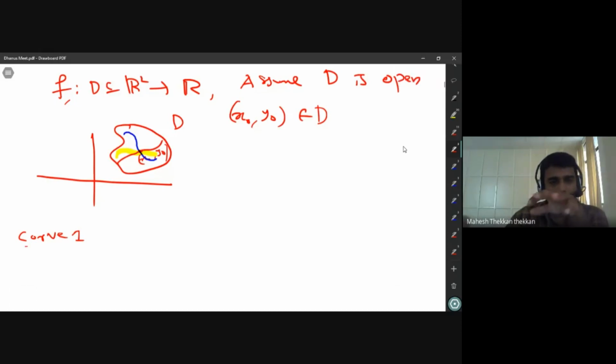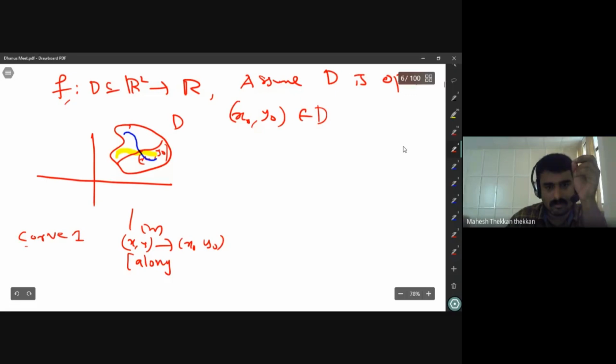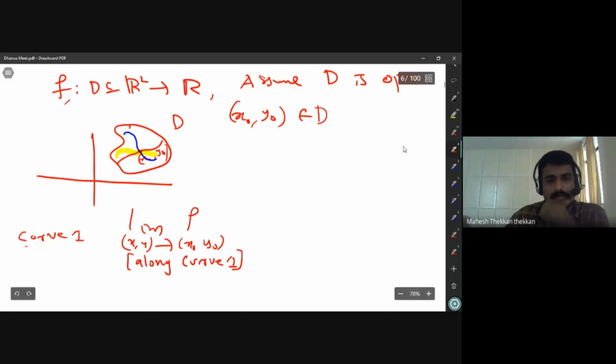Now I will look at this value, the limit as (x, y) tends to (x naught, y naught) along curve 1 of f of (x, y). This curve 1 means some curve. In the figure you can consider it as the blue one.